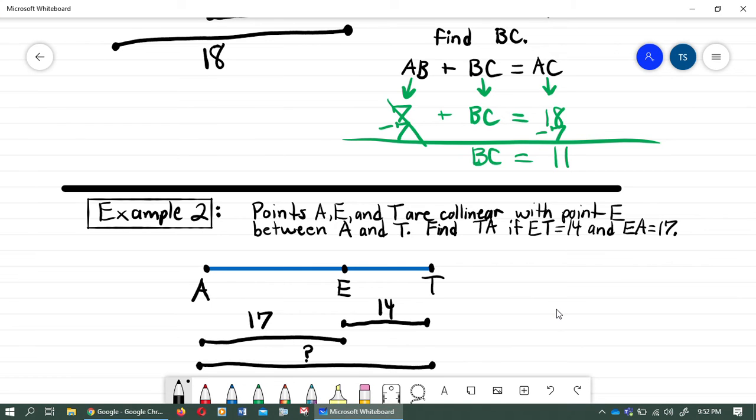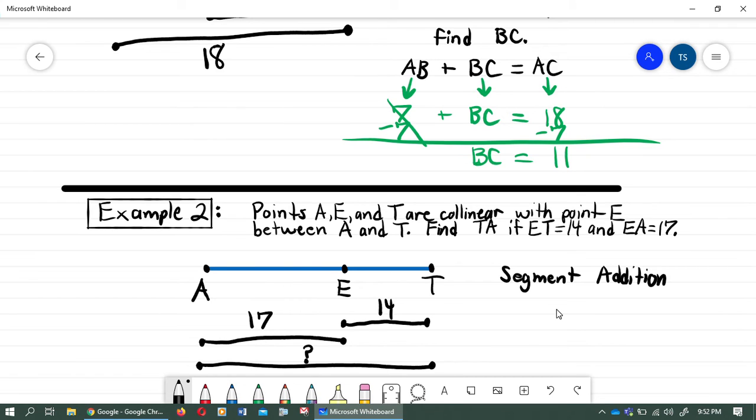So again, folks, how would you write out the segment addition postulate with these segments? Segment addition. There we go. How would we write out the segment addition postulate using those particular points and those line segments that we had?